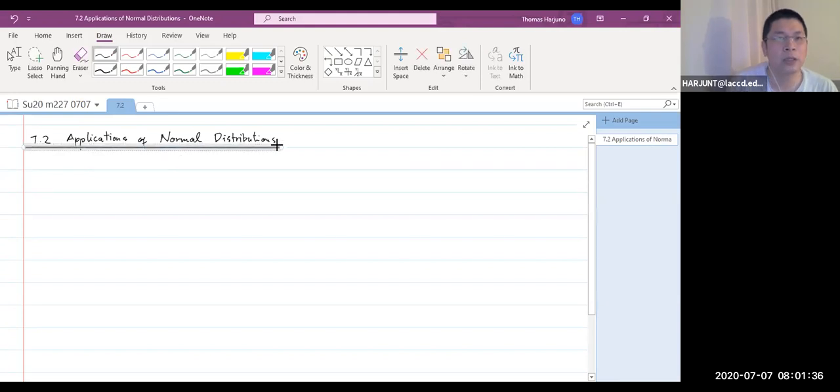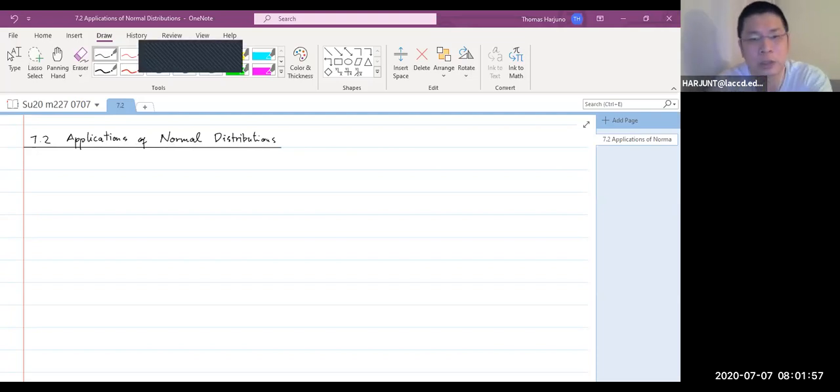Now, I mentioned yesterday that there are a lot of normal distributions available, but there's only one standard normal distribution. Let's see the standard normal distribution first.